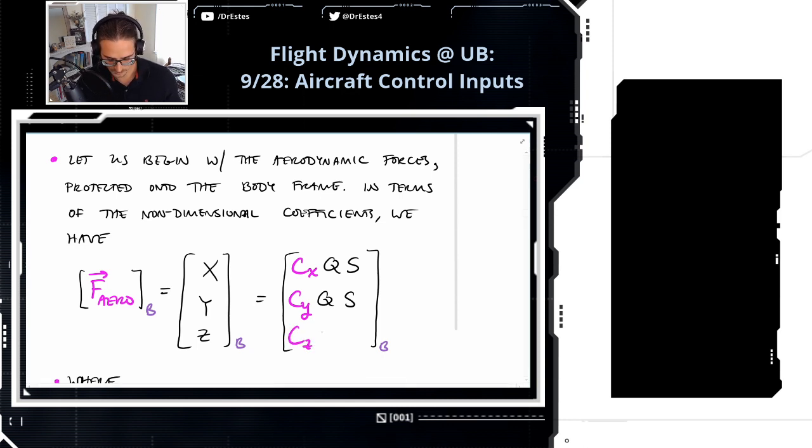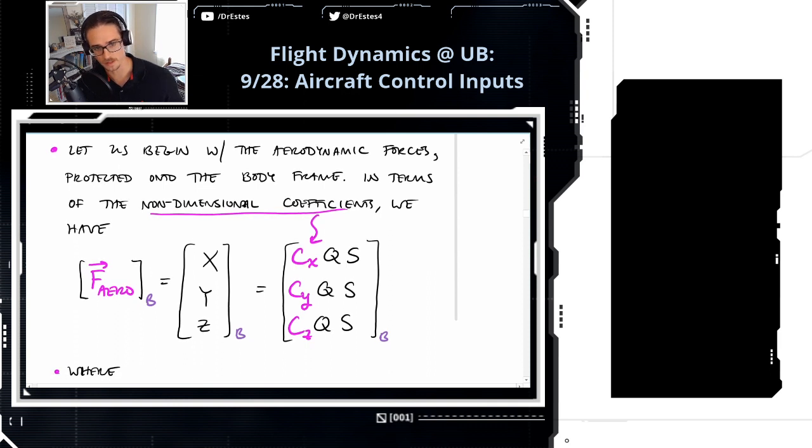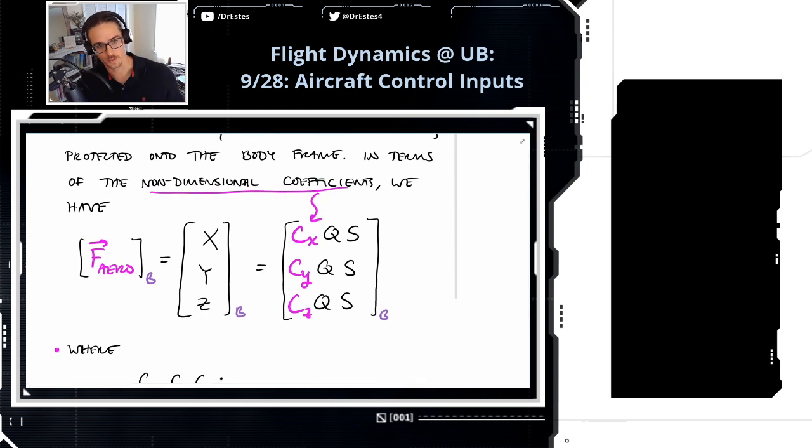And remember, these coefficients are non-dimensional, so it makes sense that we need some extra parameters here because x is a force. So I can't have x equal to Cx because you can't have something that has dimension equal to something without dimension. So Q and S are basically some normalizing coefficients that allow the units to work out nicely.